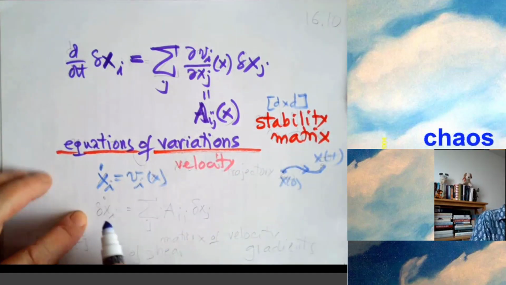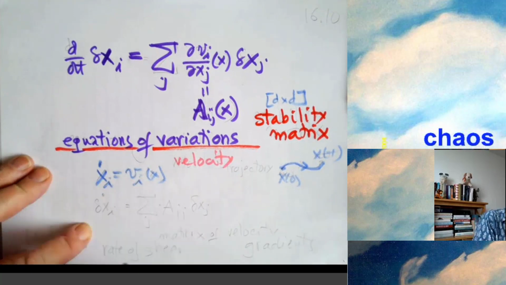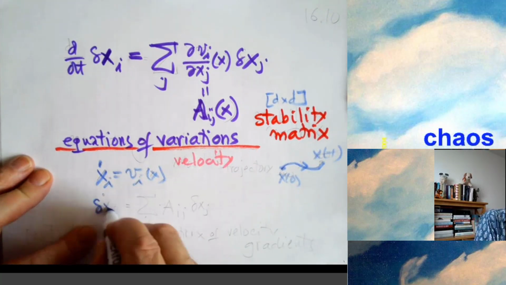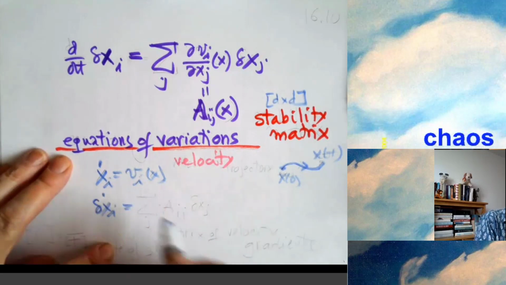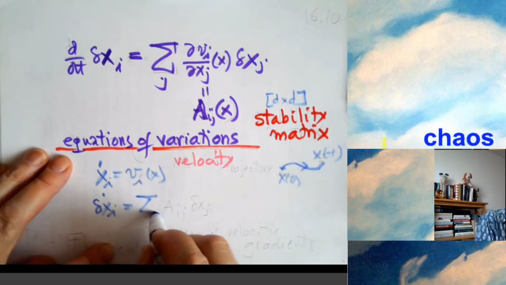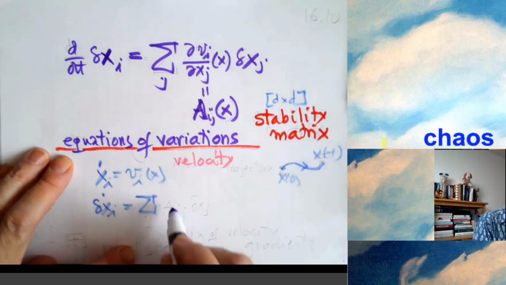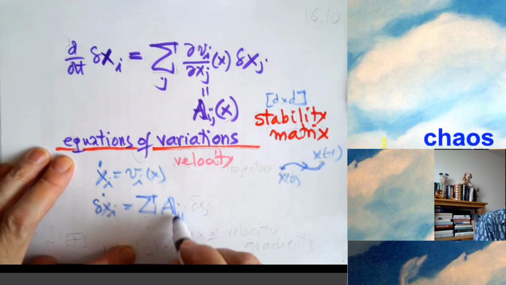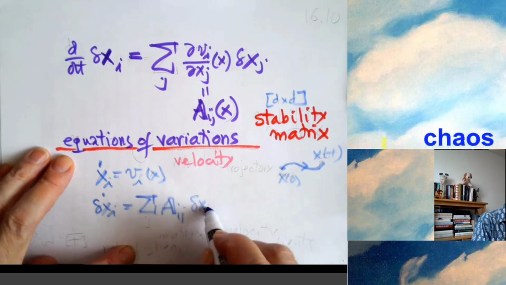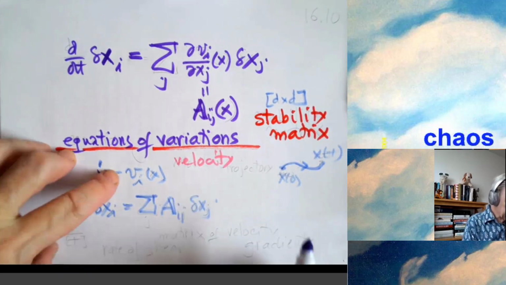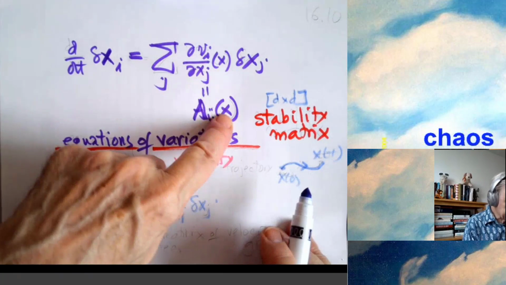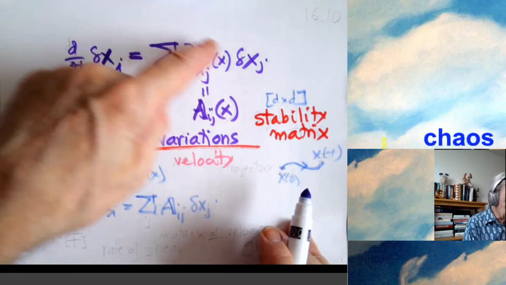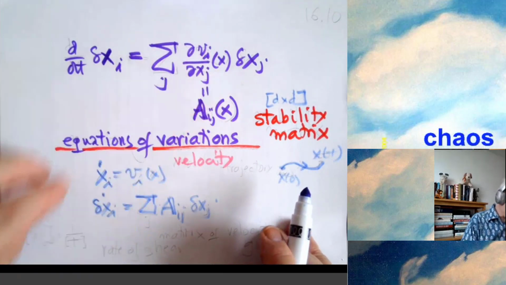But now I can look at its neighbors, any neighbor, and that neighbor is evolving on this trajectory by a varying matrix, because this depends on the velocity at a different point, and this derivative is different.